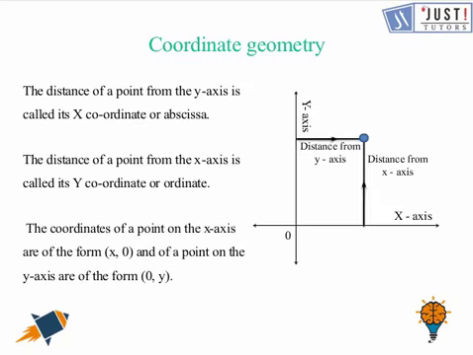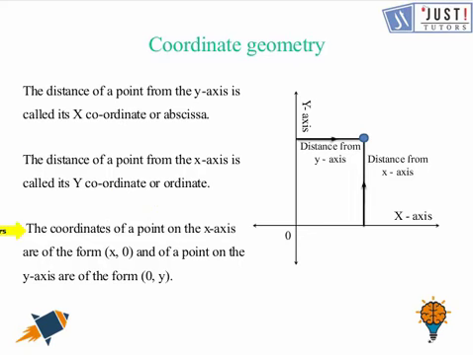Now let's look at how to mark any point in coordinate geometry. The distance of the point from the y-axis is called its x-coordinate or abscissa. The distance of a point from the x-axis is called its y-coordinate or ordinate. These are the other names given to the x and y coordinates.